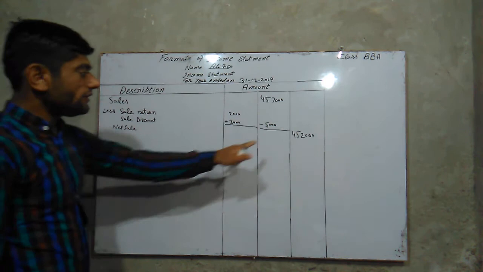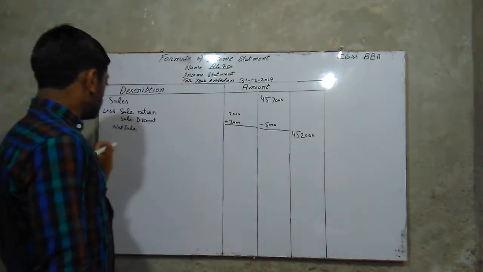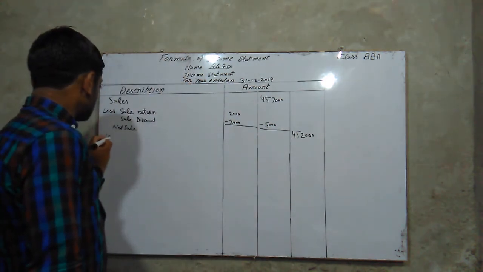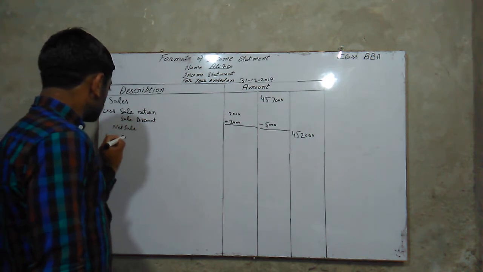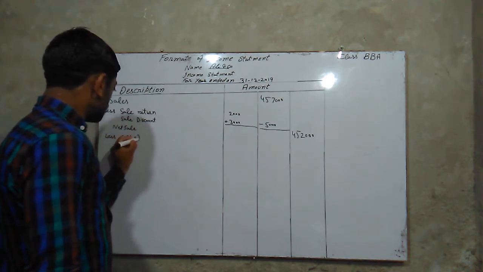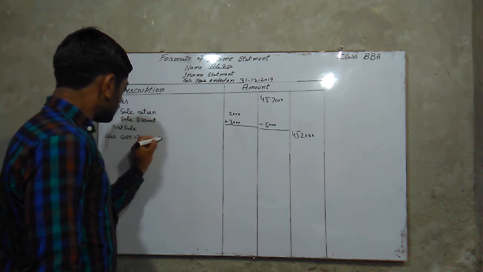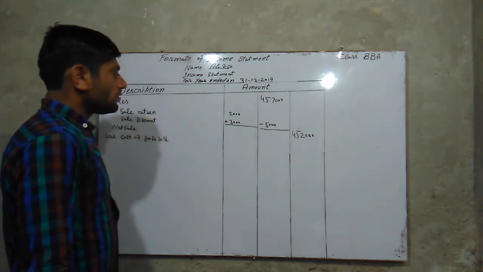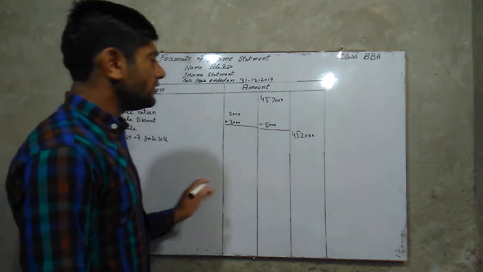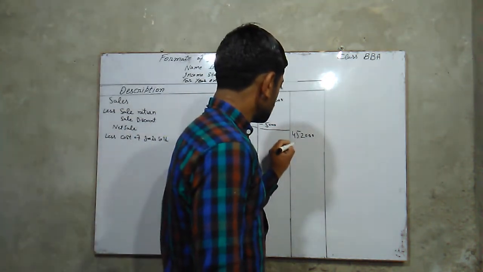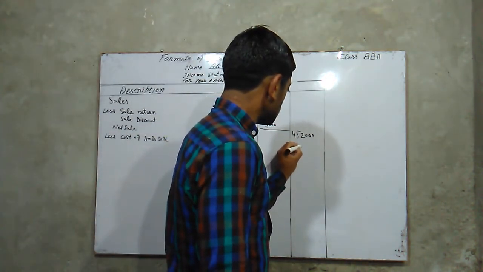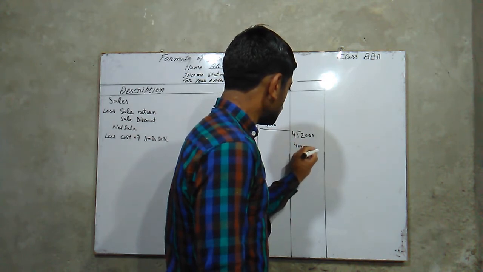So we find the net sale. Then less cost of goods sold. Assume the cost of goods sold value is 4 lakh.